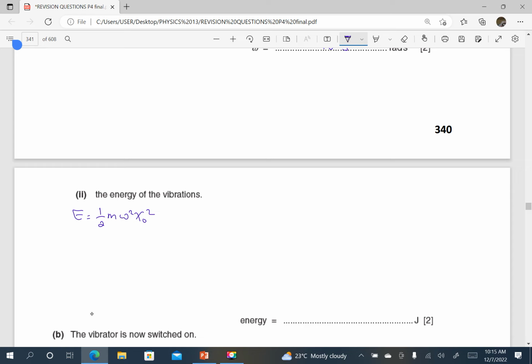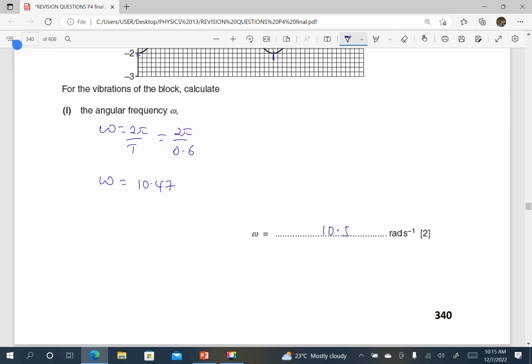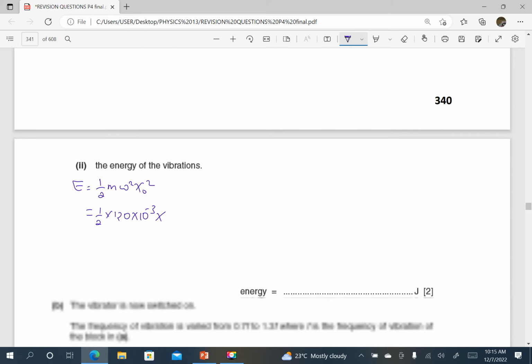So we want the energy of the vibrations. So the energy is going to be a half. The mass was 120 grams, so that is 120 times 10 power negative 3. Then for omega, I don't want to use 10.47, I will use 2 pi over 0.6. So this is 2 pi divided by 0.6, squared, times the amplitude.